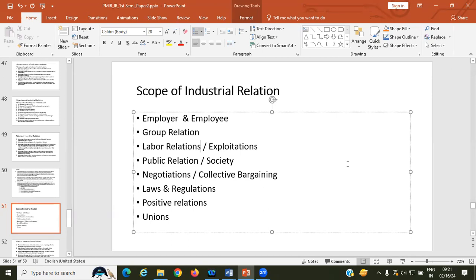The minimum wage act, suppose there is a rule, so the industry has to pay this much to the employee. So these are the laws, regulations and rules the employer has to follow, and this is one major scope of industrial relationship.